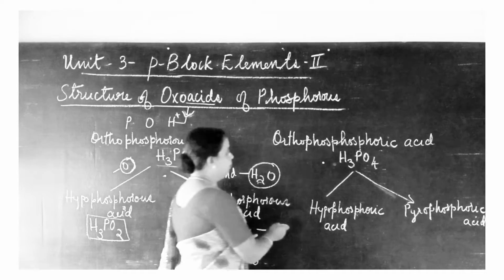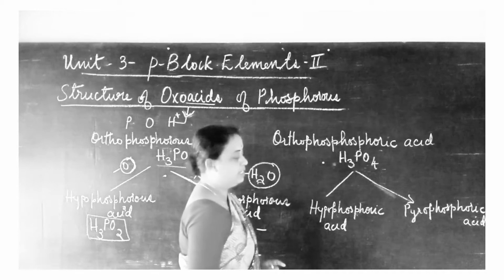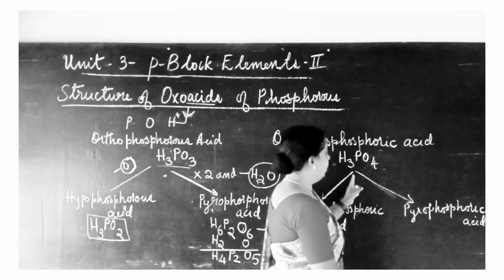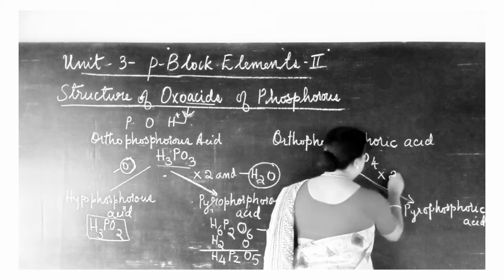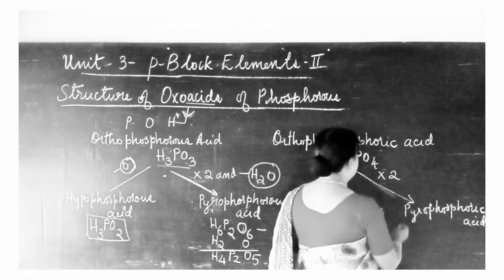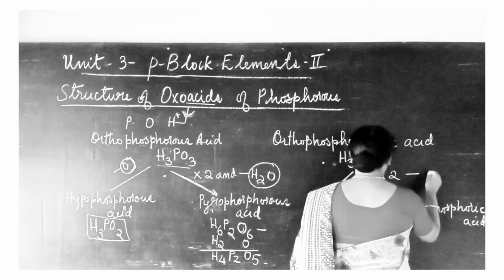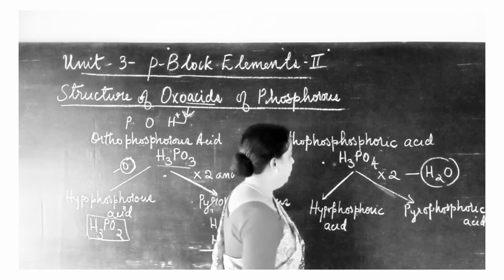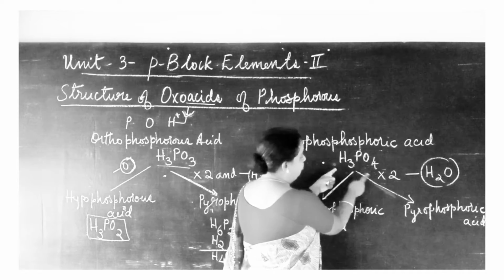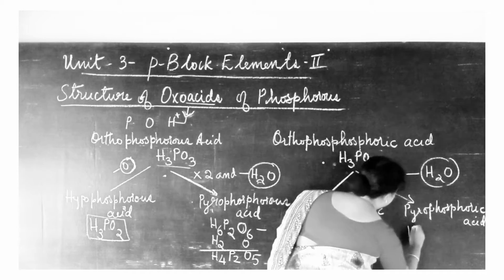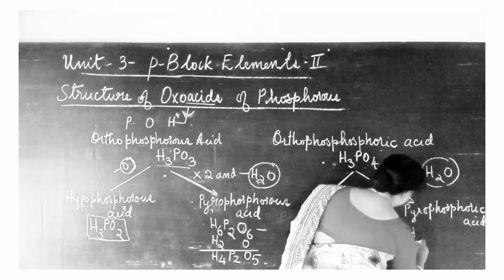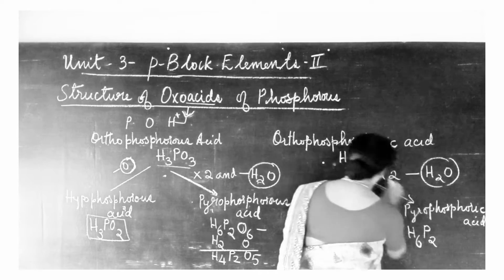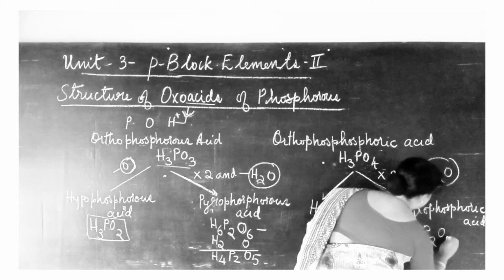Yes. Now, likewise here also in the orthophosphoric acid, how is the formula obtained? We see here. From H3PO4, you just multiply by 2, and then you minus a water molecule from it. So from H3PO4, you multiply by 2. What you get? H3 into 2, H6, then P2, and O4 into 2 gives you O8.